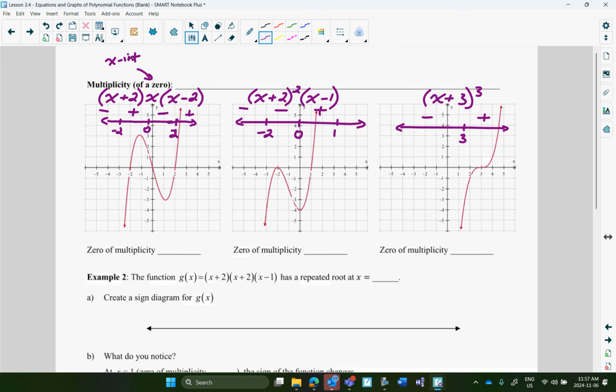Okay? So the multiplicity refers to the number of times a zero or x-intercept occurs.